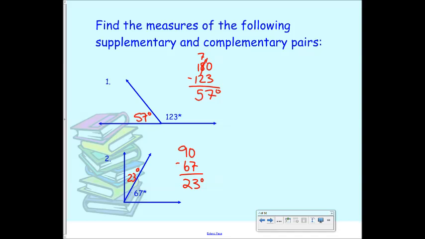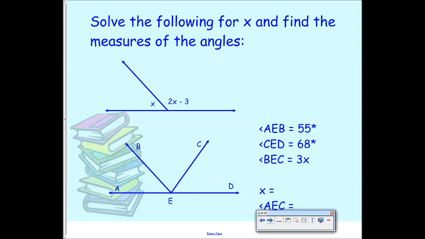All right. In this first one, what algebraic equation could you set up here? Does it tell you they are equal? No, but what do you know about them? They add up to 180. So what algebraic equation could you write? Good.